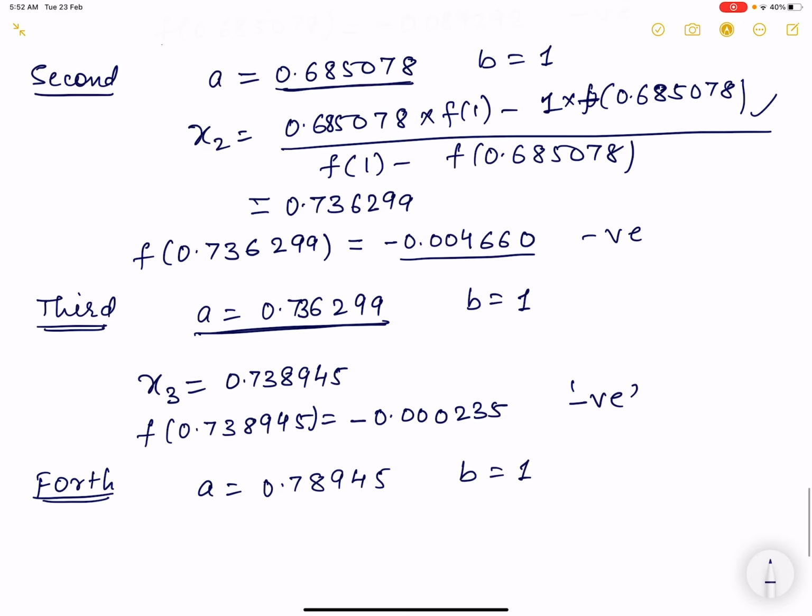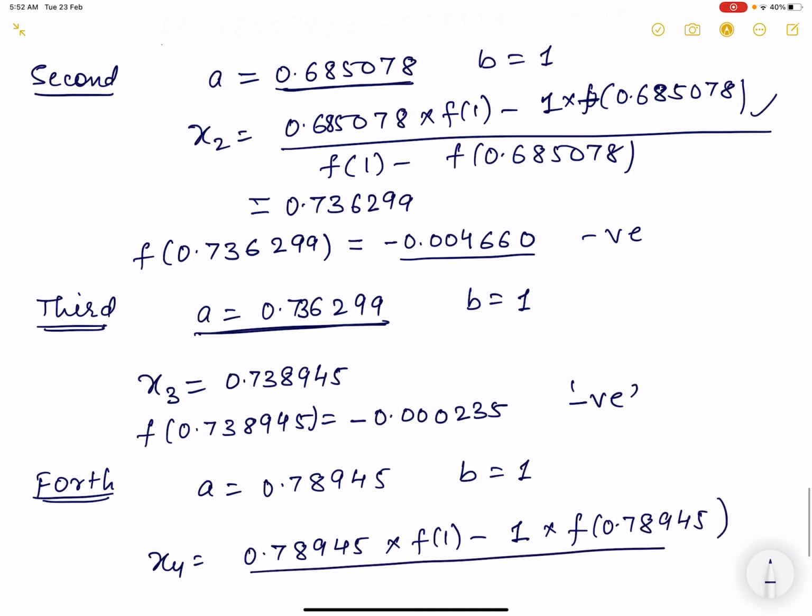Again apply the same formula, find the value of x4, that is (a f(b) minus b f(a)) divided by f(b) minus f(a).